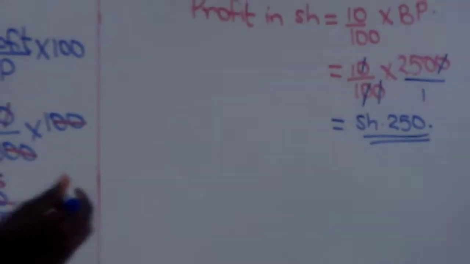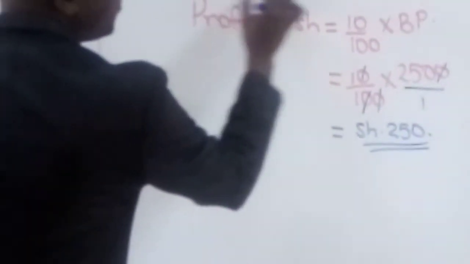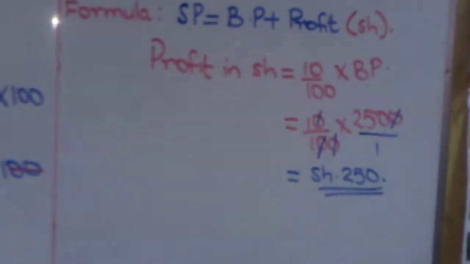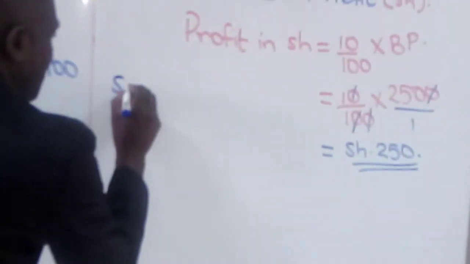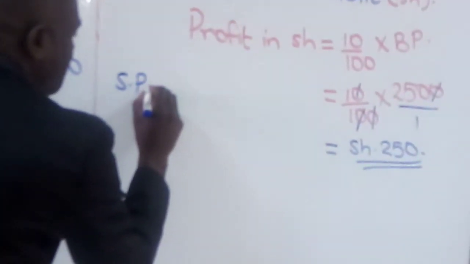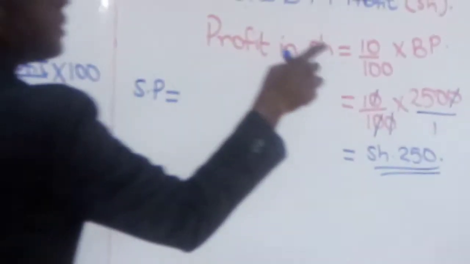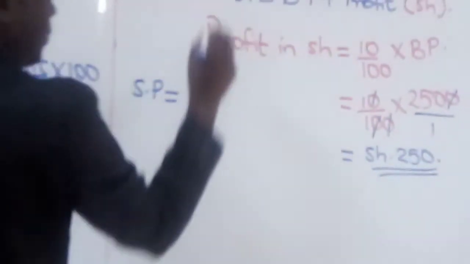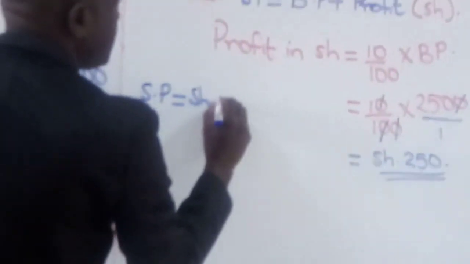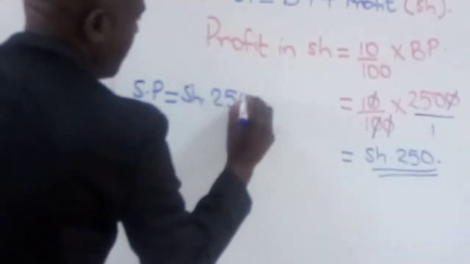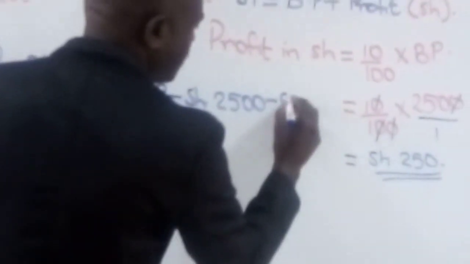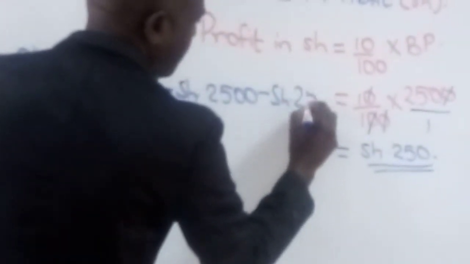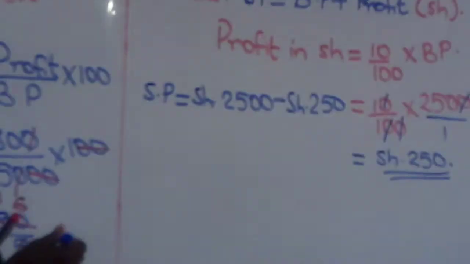Now we have the profit in shillings. It is easier now to use this formula to get the selling price. So let's come here and say selling price, SP, is equal to buying price, that is 2,500 shillings, minus 250 shillings. That's it.